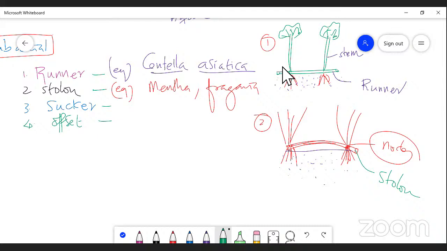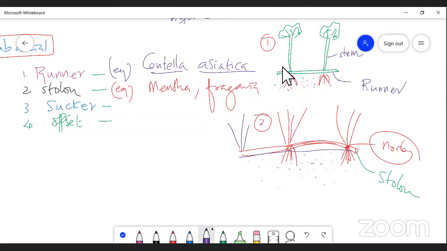Again it grows. The stolon which grows horizontally occupies the neighboring region of the soil, right? Again it grows branches, right? By this the organism reproduces vegetatively. This is called the stolon method, right?